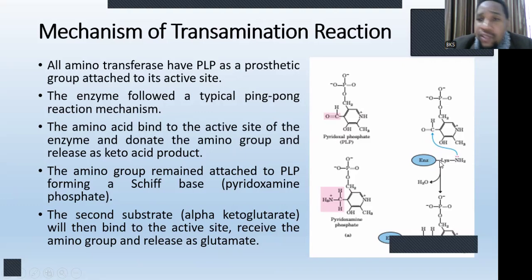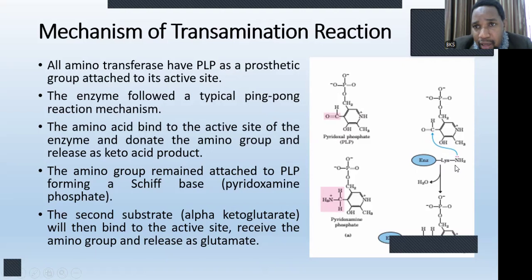Before this amino acid comes into the active site, you have the pyridoxal phosphate in the active site with this carbonyl carbon. The carbonyl carbon does not exist just as a carbonyl carbon until the amino acid comes in. No, there is a lysine in the active site of the enzyme, and we know lysine has an amino group.